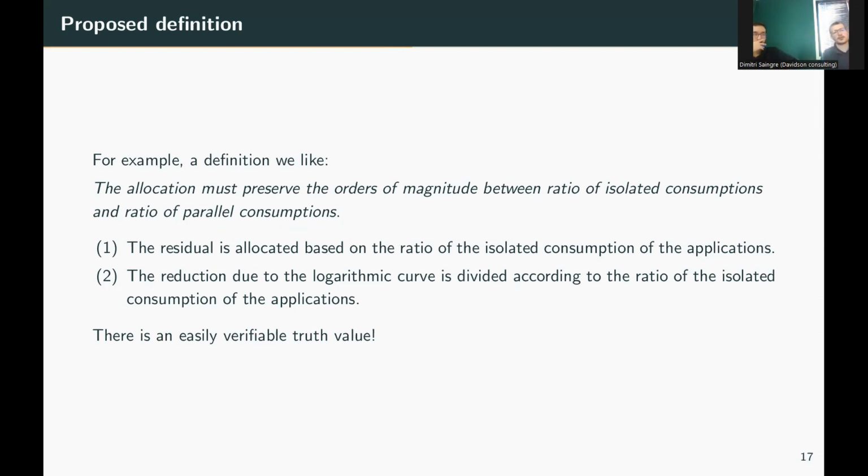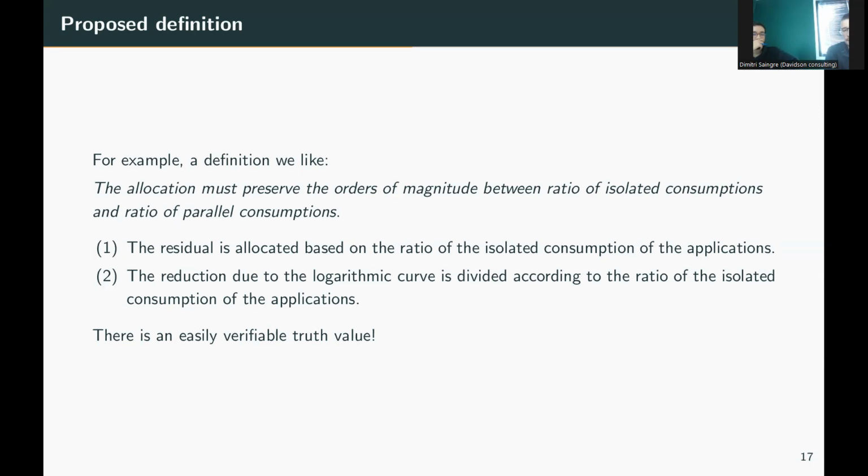For example, if we decide to assign the residual consumption based on the ratio of the isolated consumption of the application, we then have a definition of the software consumption.